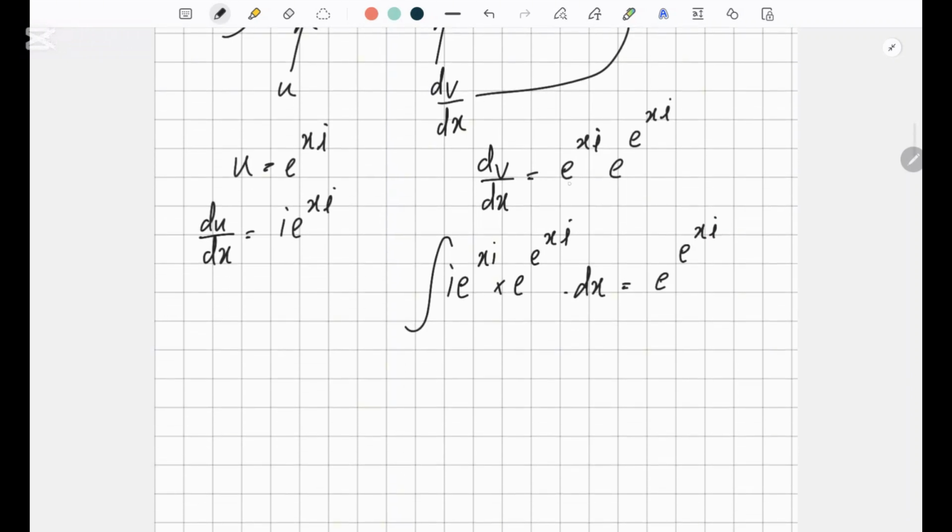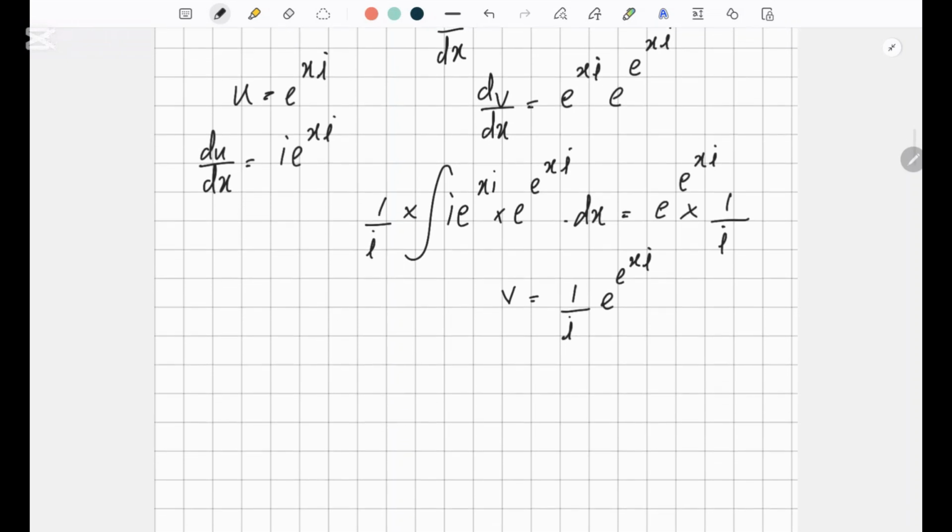So now what we need is this. So we have to get rid of this i. So we divide both sides by i. Basically we multiply both sides by 1 over i, right? So then if dv over dx equals this, v equals, so your integral of that is 1 over i into e to the power xi.